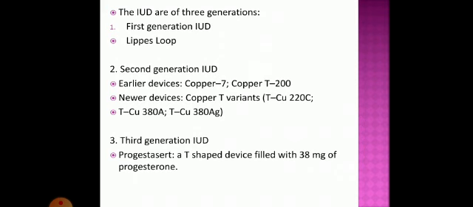The newer devices are Copper T variants: T Copper 220C, T Copper 380A and T Copper 380AG. Now the third generation IUD, Progestasert, is a T-shaped device filled with 38 milligrams of progesterone.